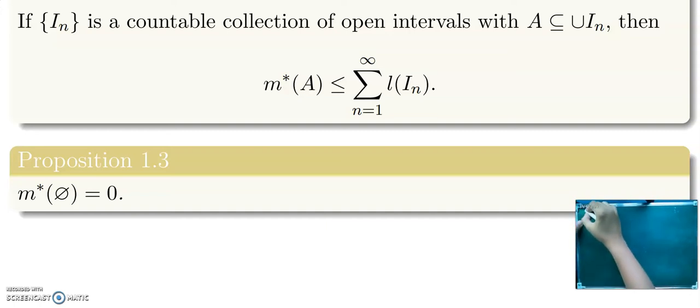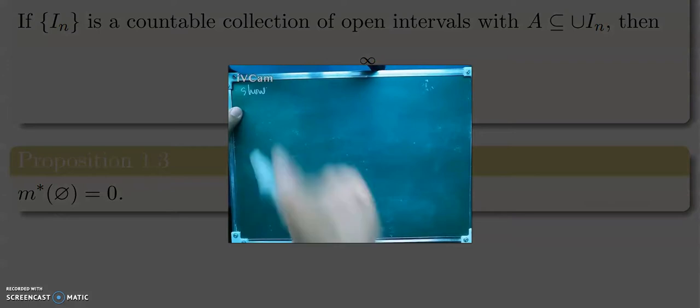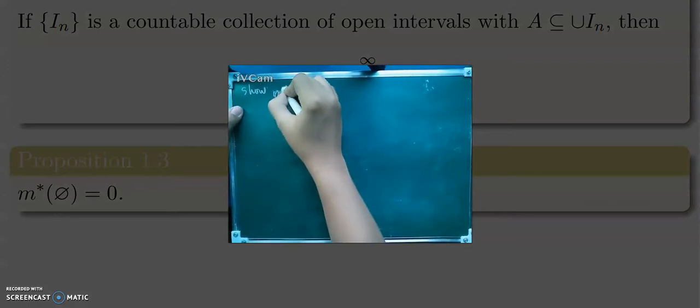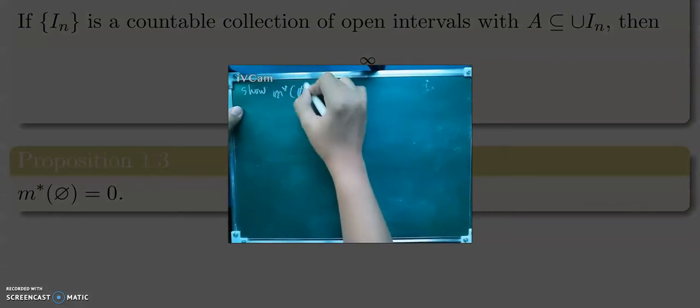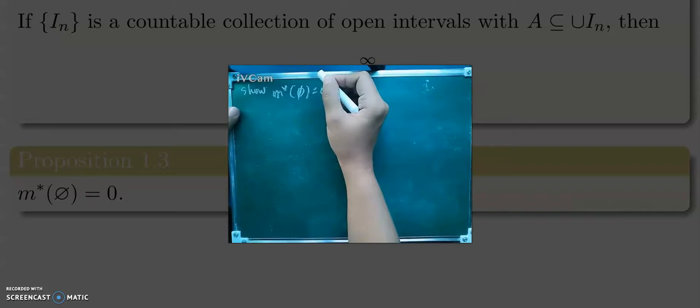We will show that the Lebesgue outer measure of the empty set is 0. Of course, from the definition, we will try to get the collection that covers the empty set.